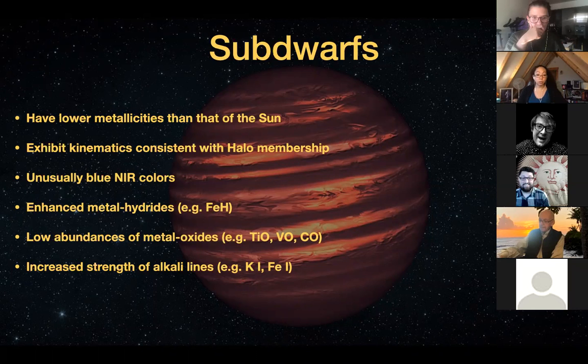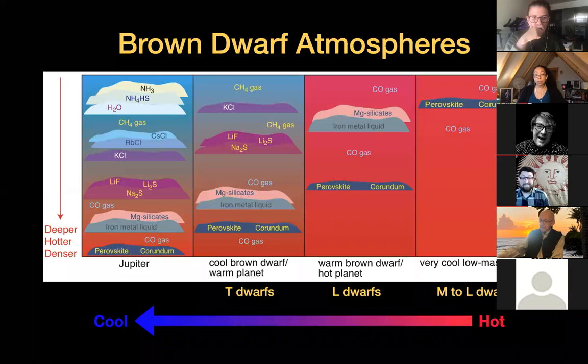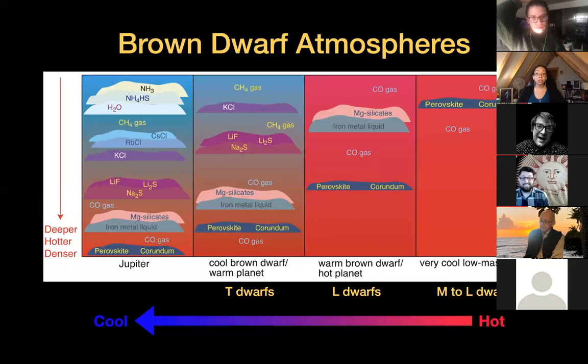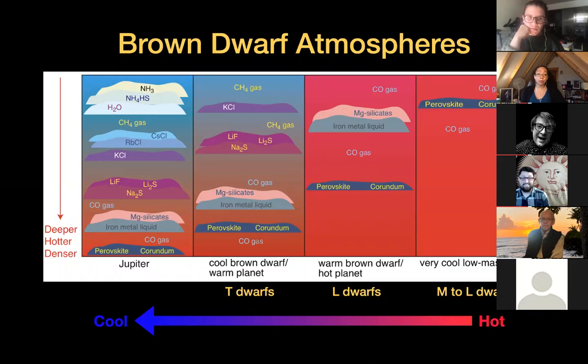For brown dwarfs, because these objects are very cool, their atmospheres are very complex, covered in molecular features and clouds. In this figure, as you move down, you're moving to deeper, hotter, and denser layers, and as you move right to left, you're moving from hotter objects to cooler objects. Interestingly, within the atmosphere of Jupiter, you can find all the different variations of brown dwarf atmospheres.